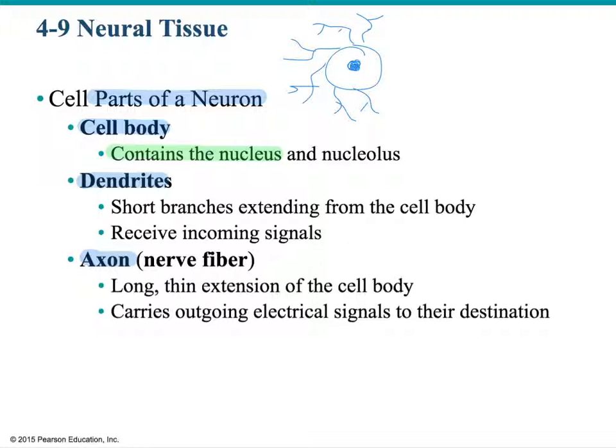The dendrites are branches extending from the cell body. They receive the incoming signal from another nervous cell, neuron.